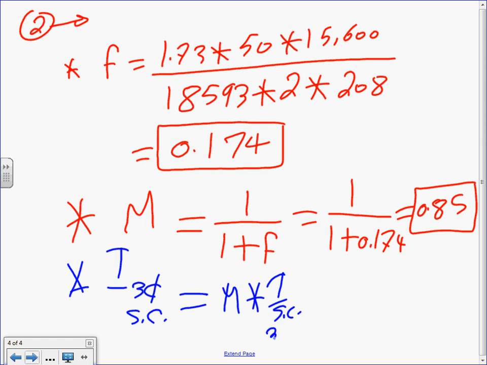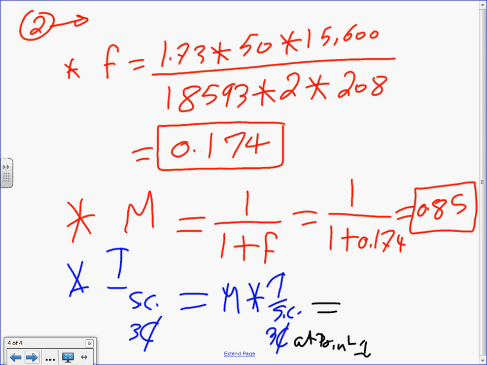Just use the same terminology, I short circuit three-phase. This is at which point? Can you guys write yourself a note? This is at point 1. So that's your percentage that you're going to derate.